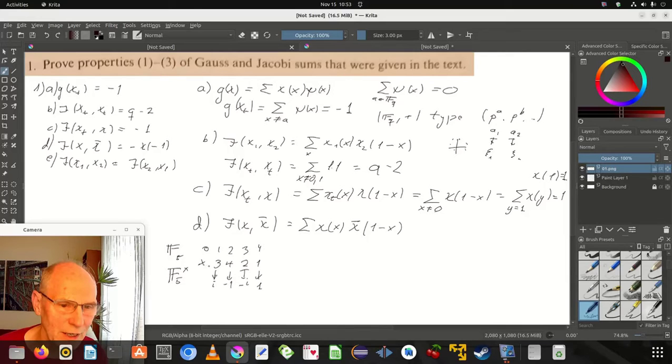This is our x values over which we sum. We have to take 1 out. So 3 and -2, that's 3 squared. So the product gives -1. 4 and 2, that gives i.